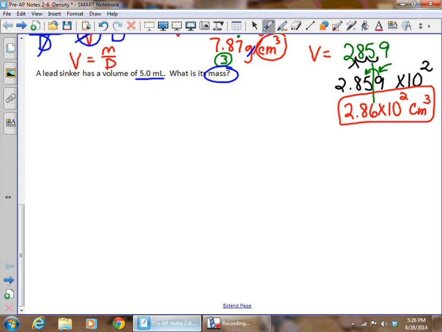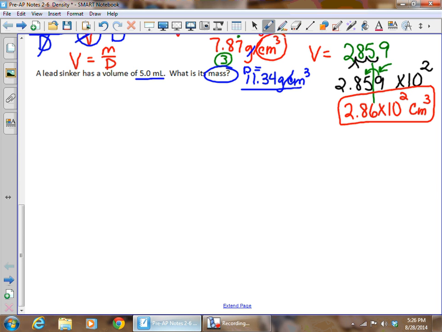I look up the density of lead, and the density of lead is 11.34 grams per cubic centimeter, and you might get 11.3 if you Google it. But look at your periodic table or Google that value and you can get the density. So there's your density. So those are the values we've been given.